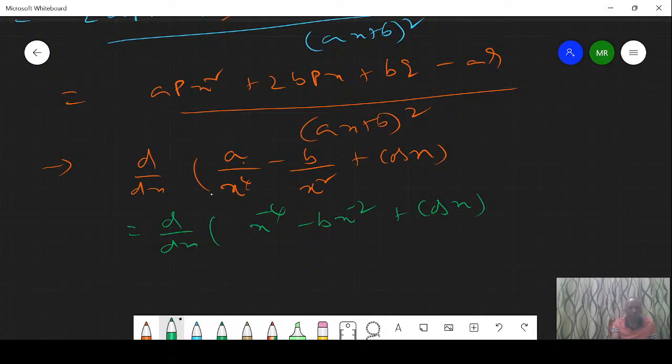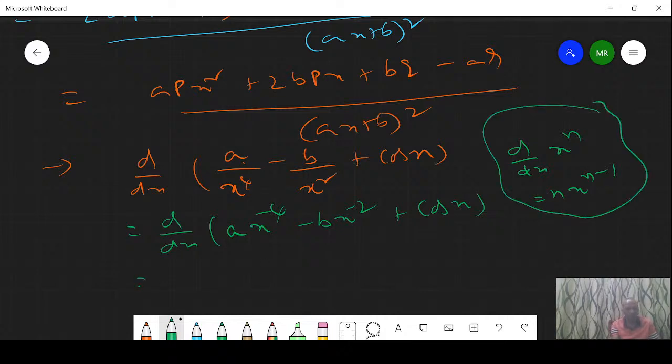We know d by dx of x power n is n into x power n minus 1. I can use this here. You will get a into minus 4 into x power minus 4 minus 1, minus b into minus 2 into x power minus 2 minus 1. Derivative of cos x we know is minus sin x.